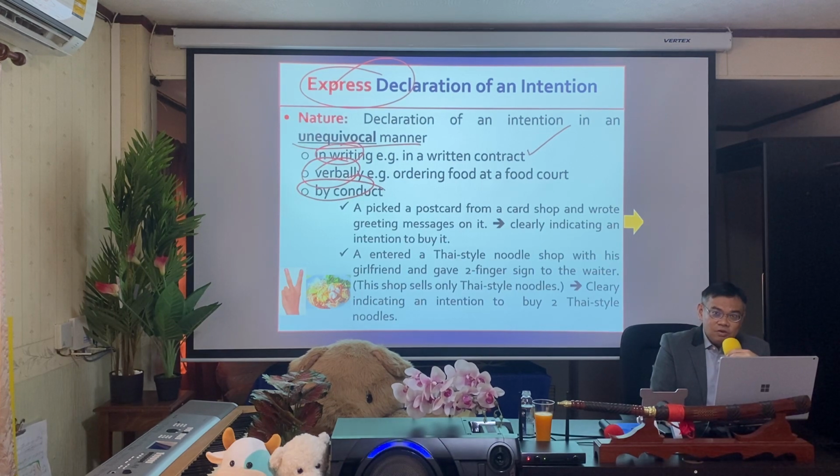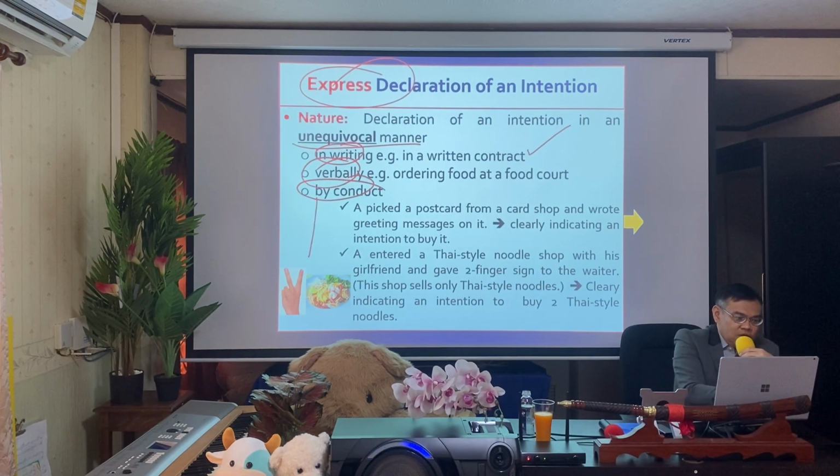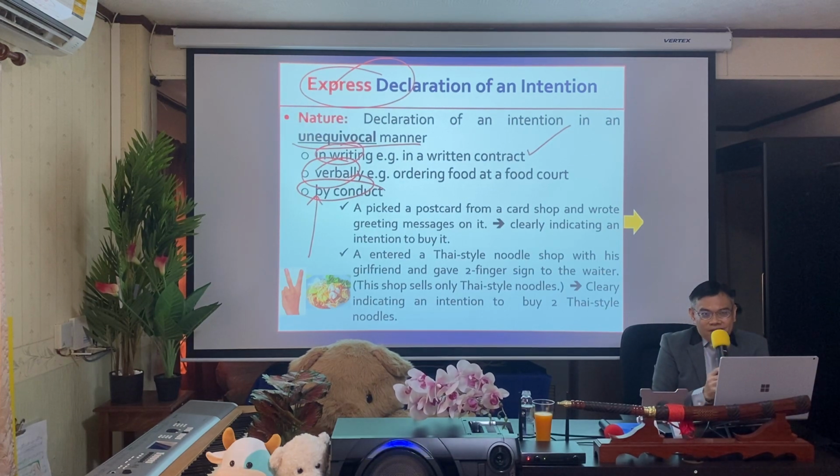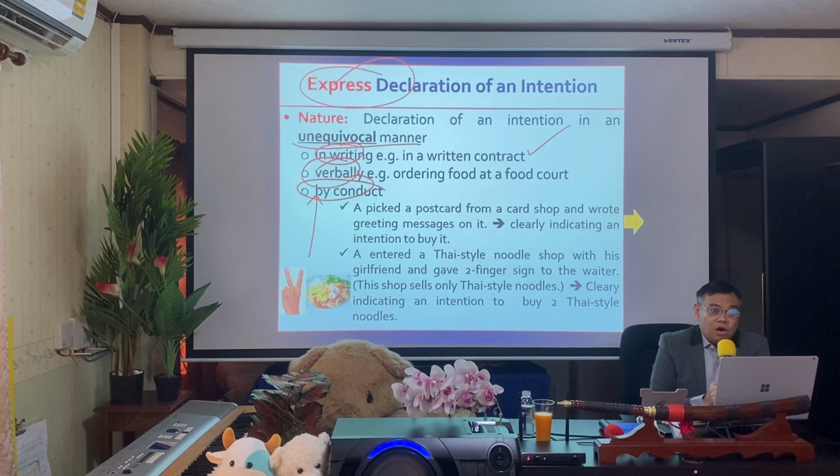That is of course an act which is necessary for the conclusion of the juristic act. But when we declare an intention by conduct, that means the conduct can be understood as declaring intention, because it is clear from the conduct. That is the declaration of intention.